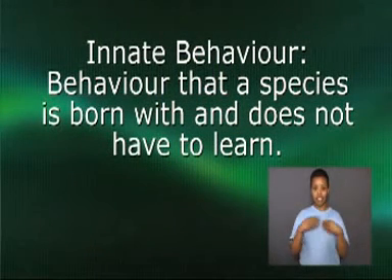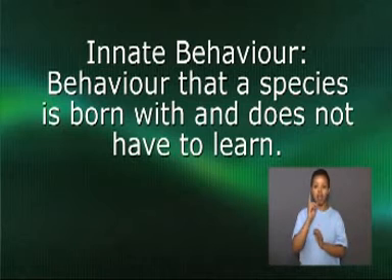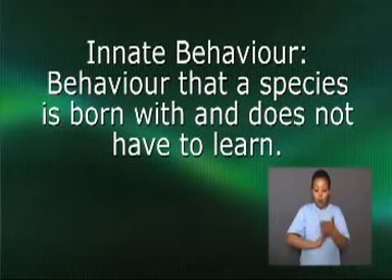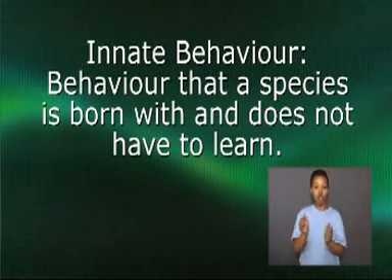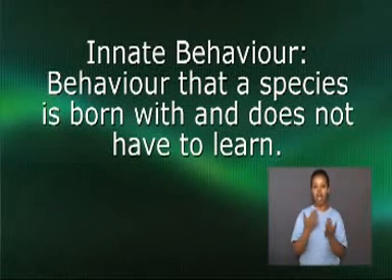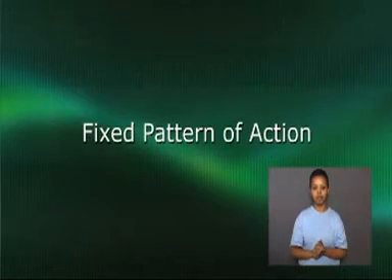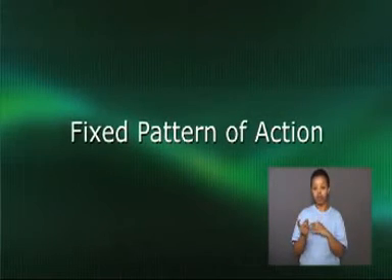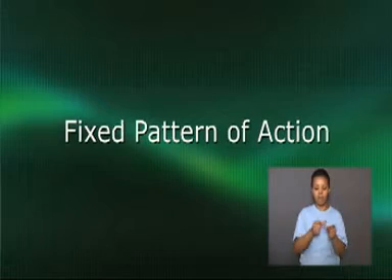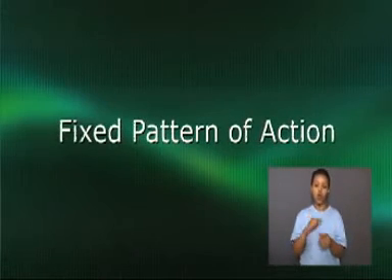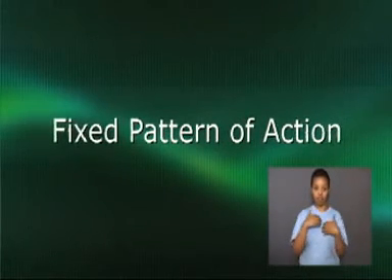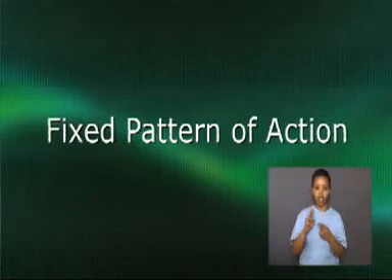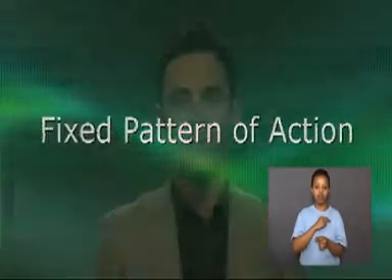Welcome back, students. If you said that innate behaviors are behaviors that a species is born with and does not have to learn, then you answered correctly. Let us continue on with the lesson. Although the courtship behavior is innate, there are often complex behaviors with a fixed or constant pattern of action in one animal serving as a stimulus for the fixed action pattern in the other animal.